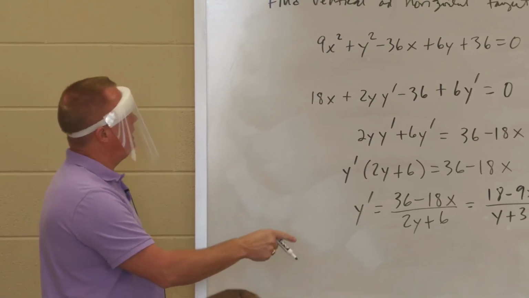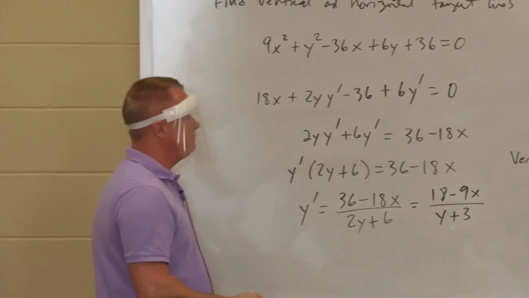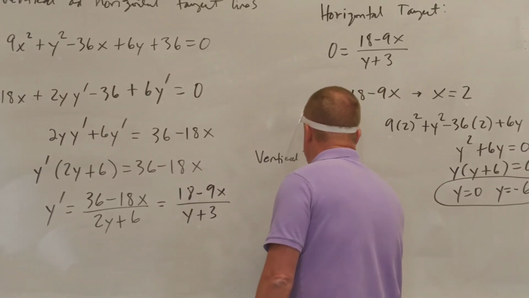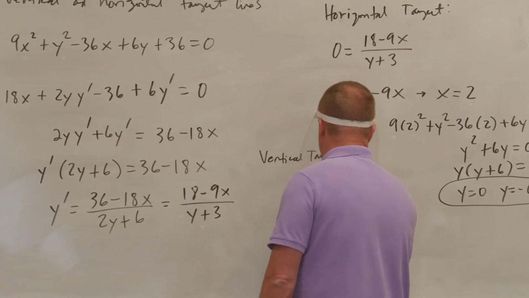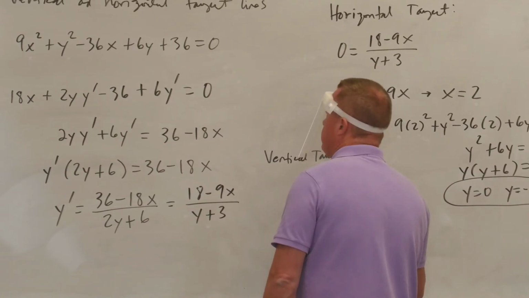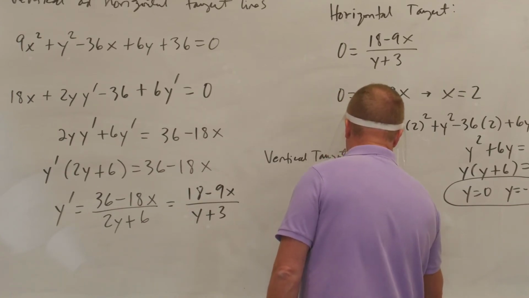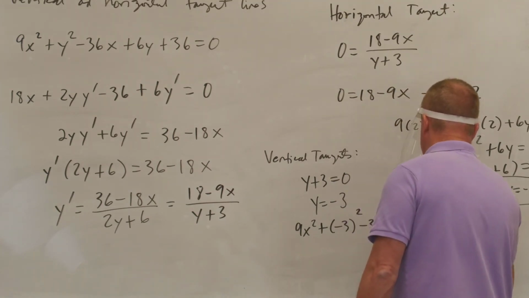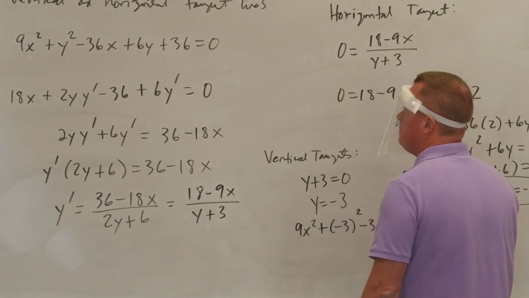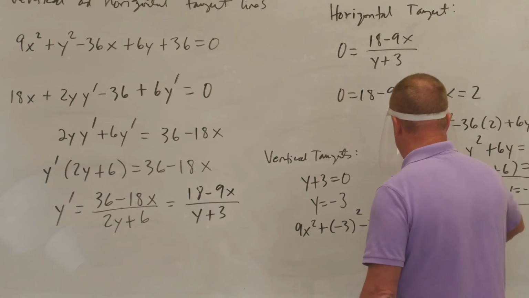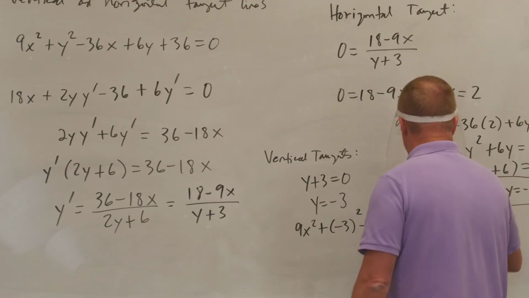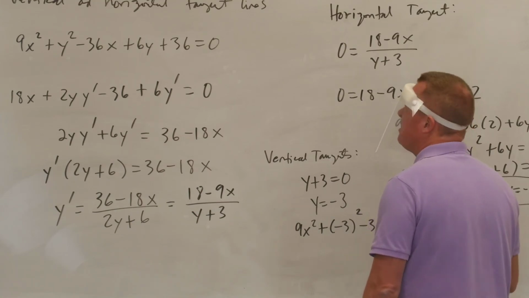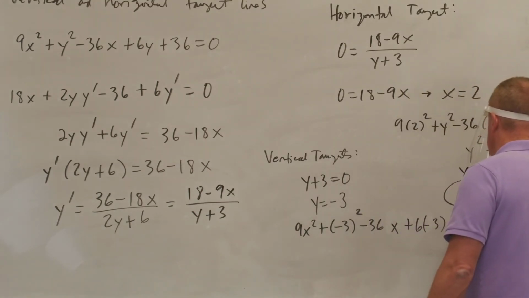So I need to take that back to the original function and plug it in, just like I did with that one. So I would say I have 9x squared plus negative 3 squared minus 36x plus 6 times negative 3 plus 36 equals 0.